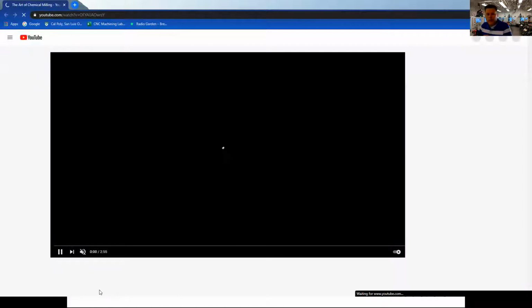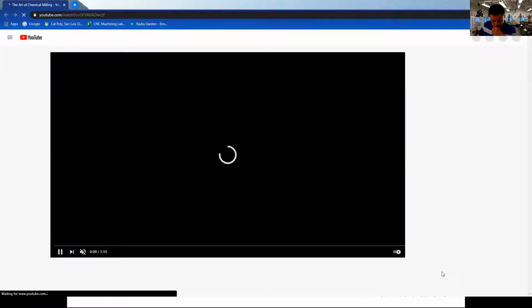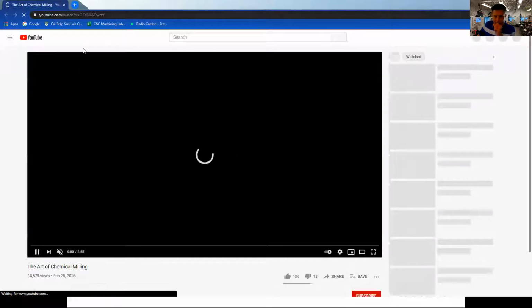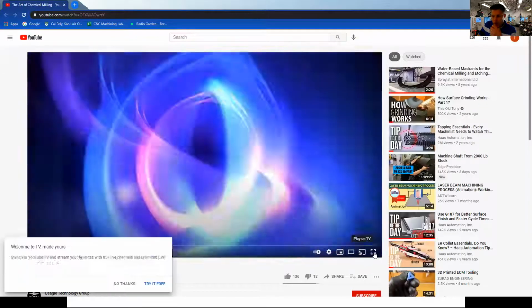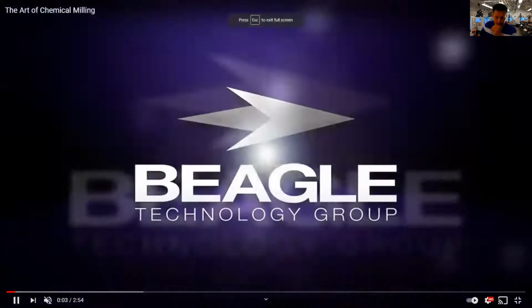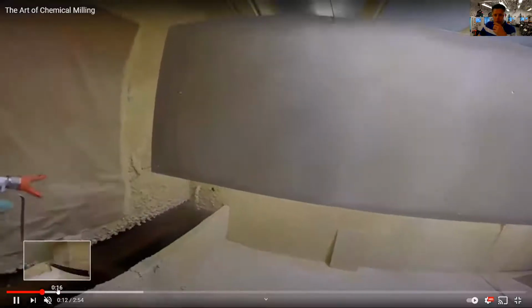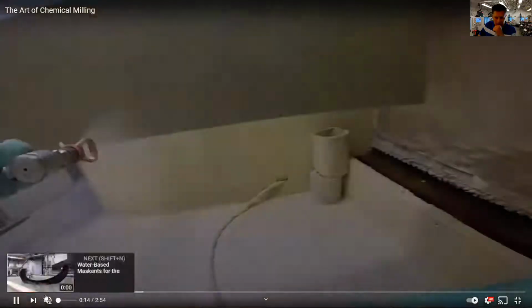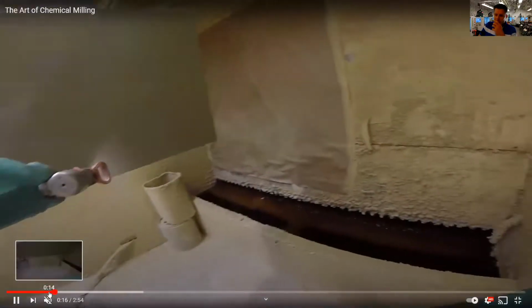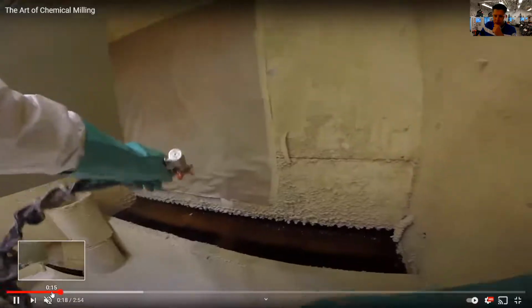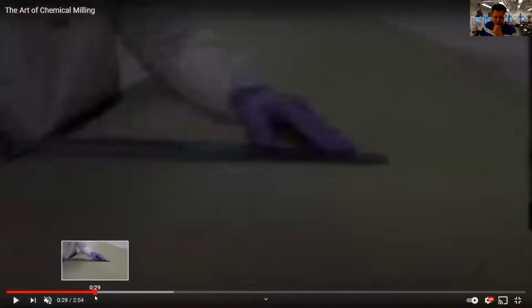So what we've got here is chemical milling, where you have to apply that acid resist right there. This one, we're not going to listen to the music. I'm just going to go through it a little bit. What they're doing right here is spraying on the chemical resist. You can kind of see it right here. They're spraying this large piece of sheet metal with chemical resist.